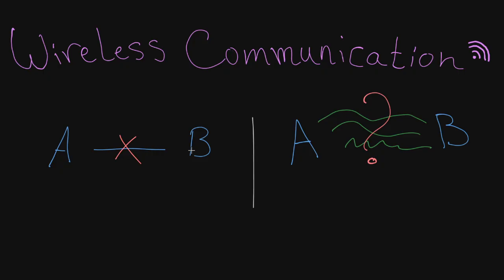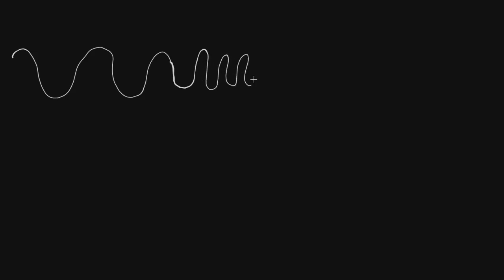In order to understand what is going on in there, we need to use electromagnetic waves and have an idea about the electromagnetic spectrum. So the first thing we are going to see is the electromagnetic spectrum. It's like a wave, a very broad wave, and this wave becomes shorter and shorter.